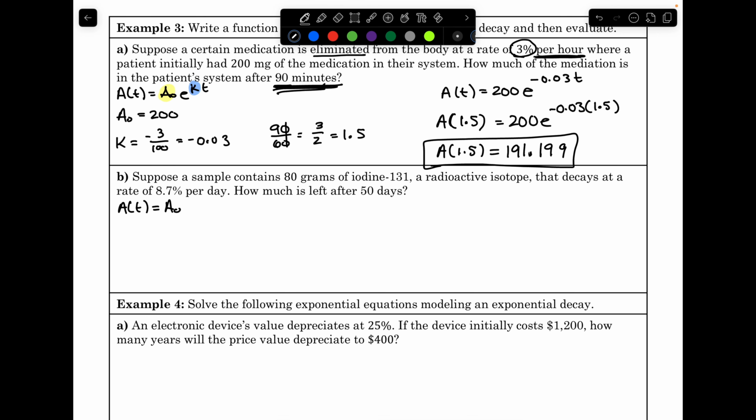Moving along to the next example, very similar here. Suppose that a sample contains 80 grams of iodine-131, a radioactive isotope, and the decay rate is 8.7% per day. How much is going to be left after 50 days?